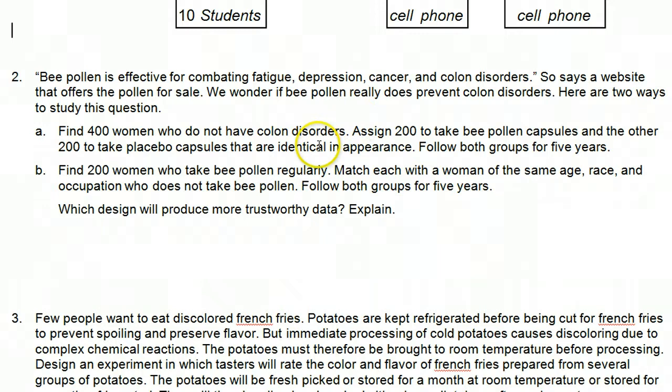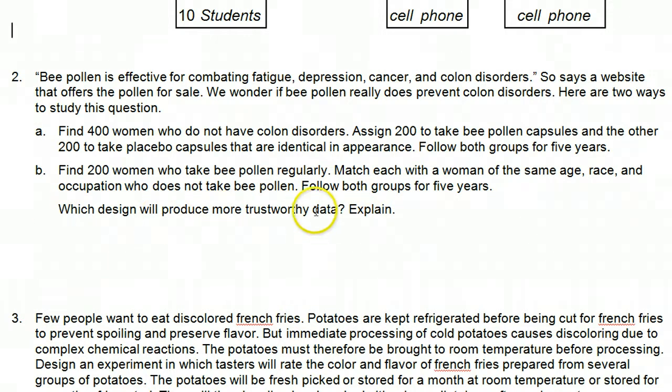Anyway, that's one way to do it. Another way is to find 200 women who happen to already be taking bee pollen regularly, and then match each one up with a woman that has the same age, race, and occupation, who doesn't take bee pollen, and then see how they compare over a 5-year period.